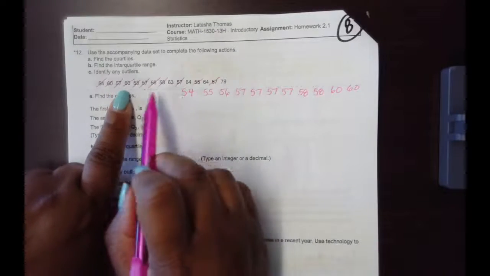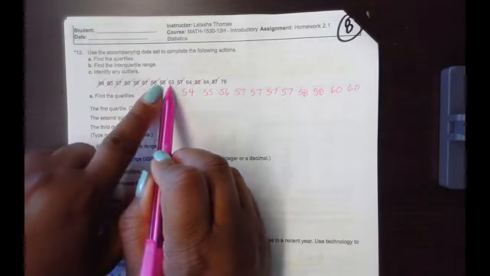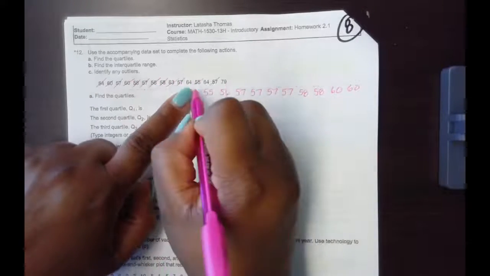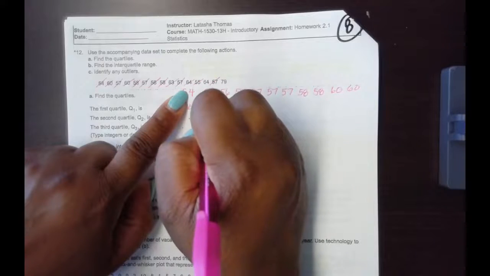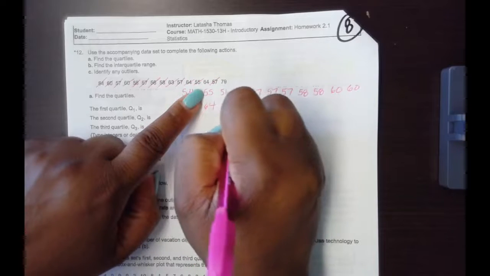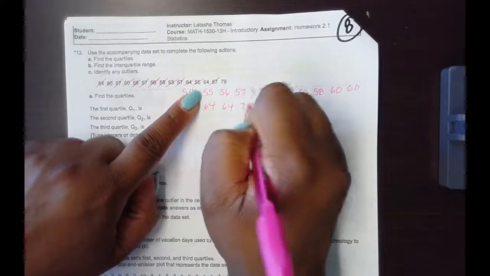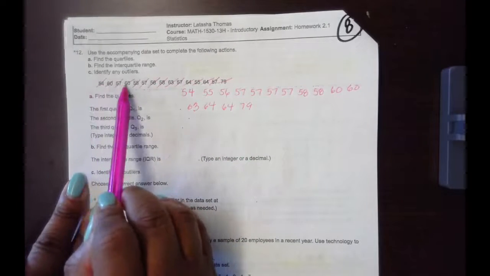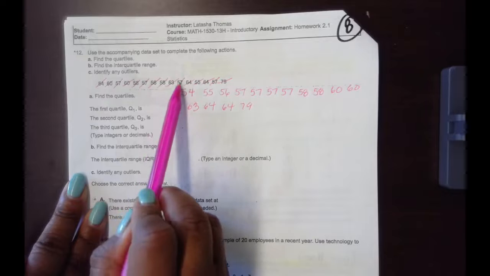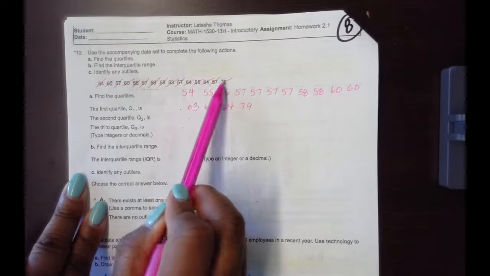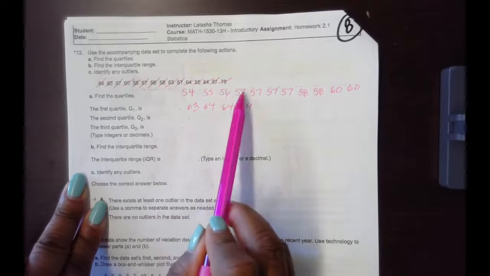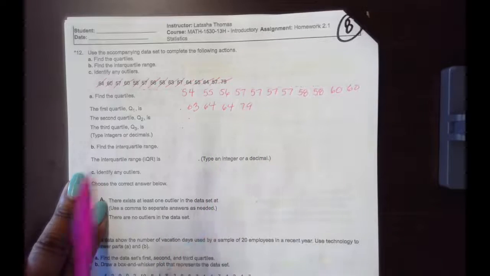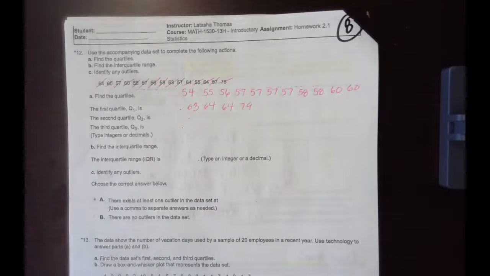Then there is 63, 64, 64, then 79. I'm going to count and make sure. There's 1, 2, 3, 4, 5, 6, 7, 8, 9, 10, 11, 12, 13, 14, 15. So I have all of my data.